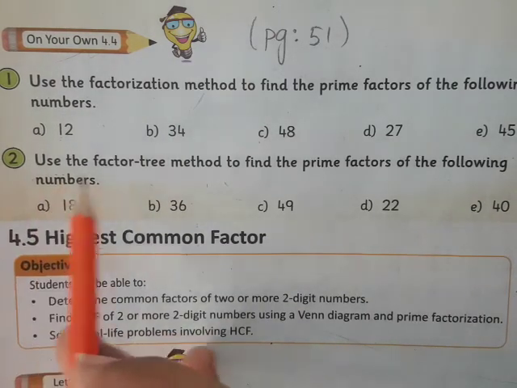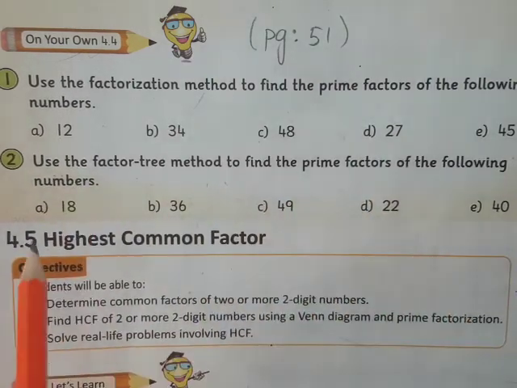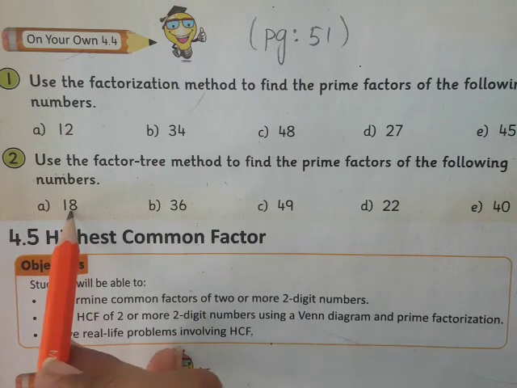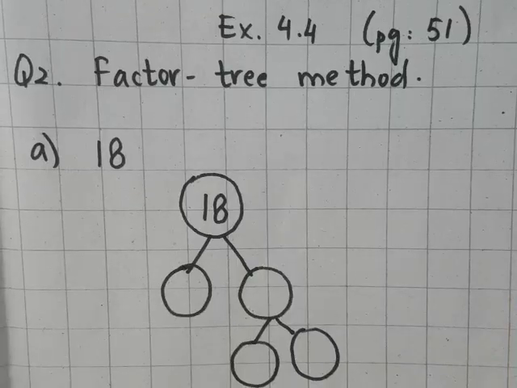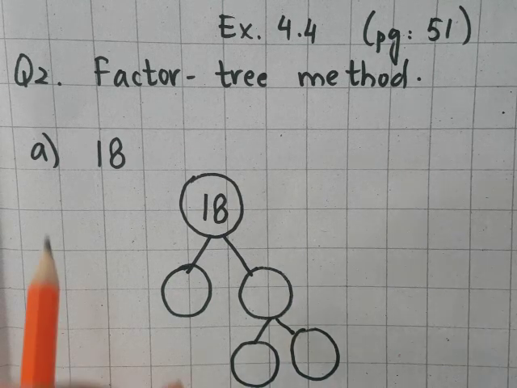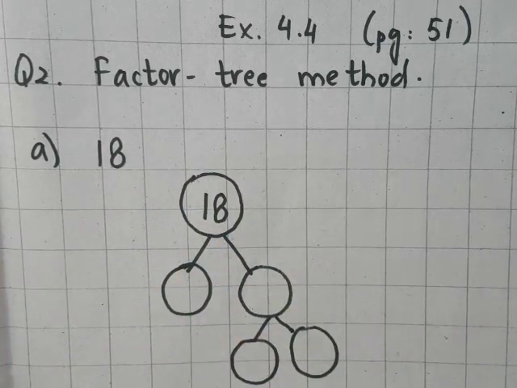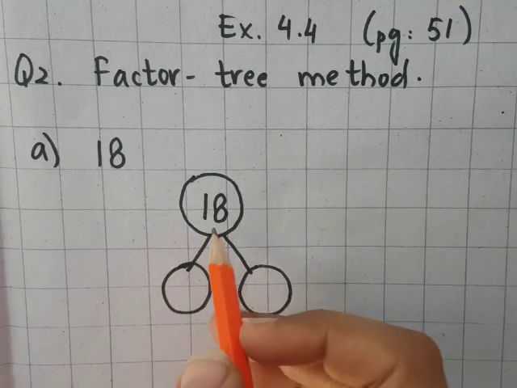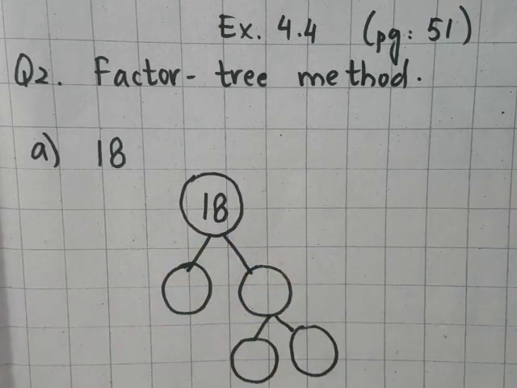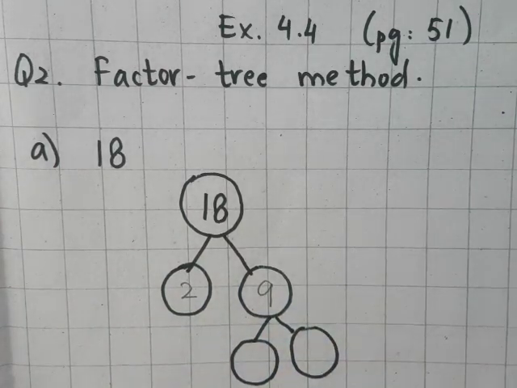Question number 2 is use the factor tree method to find the prime factors of the following numbers. You have to factorize the number 18 by the factor tree method. Write the complete question from book page 51 and let's factorize the number 18. Is 18 an even number? Yes. So we can divide the number 18 with the number 2. 2 nines are 18.